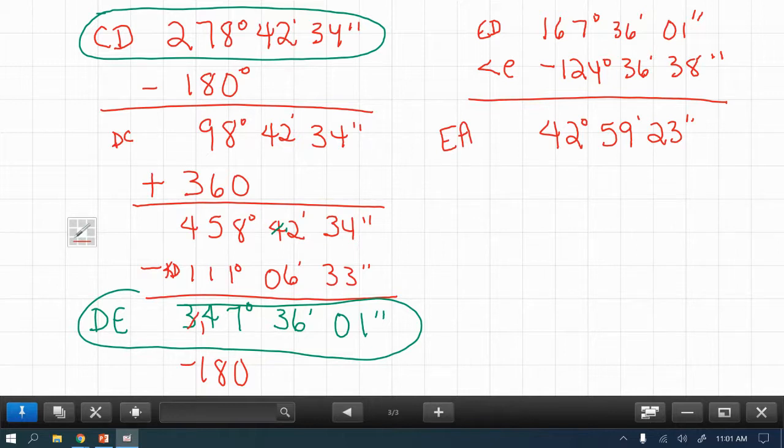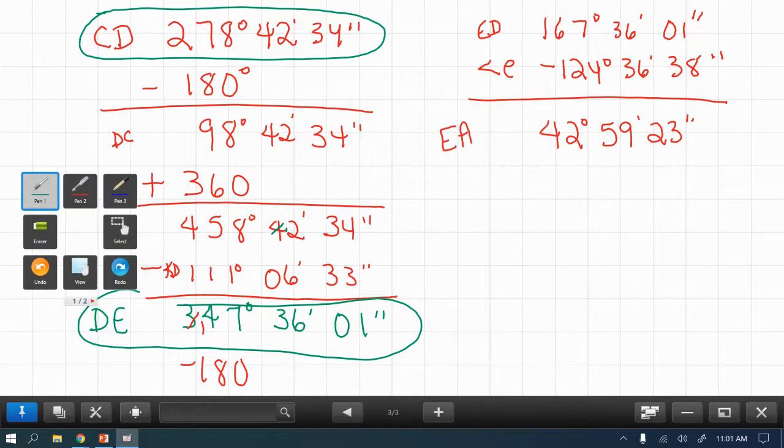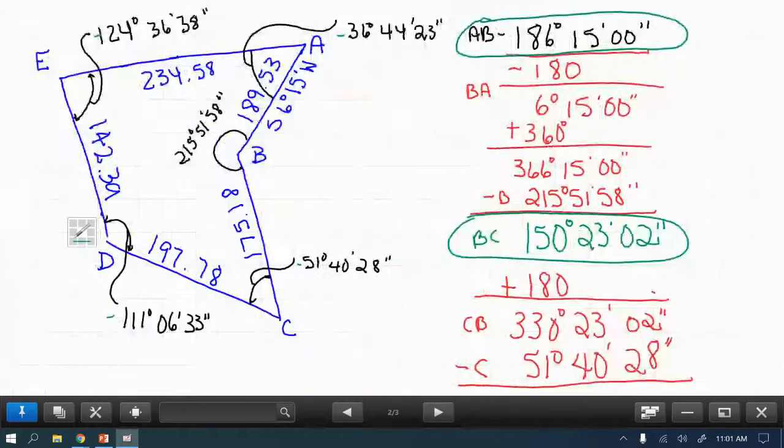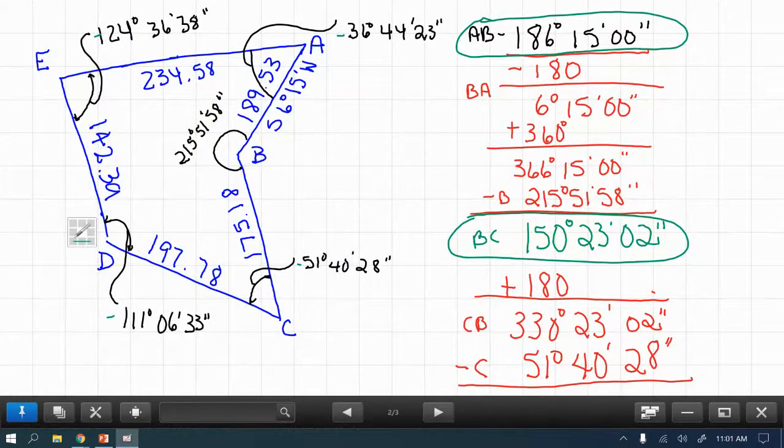Now, A to B, so this one actually needed to be circled in green. So we got A to B, B to C. A to B would be 186.15.